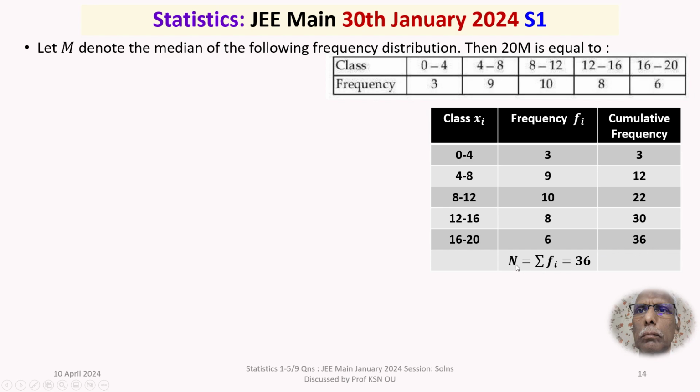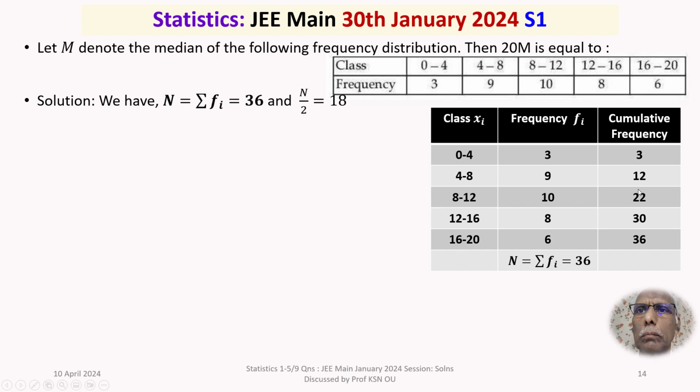Right. Then we write down n is equal to sigma fi, the sum of the frequencies, which is equal to 36. Now we calculate n by 2, that is equal to 18.